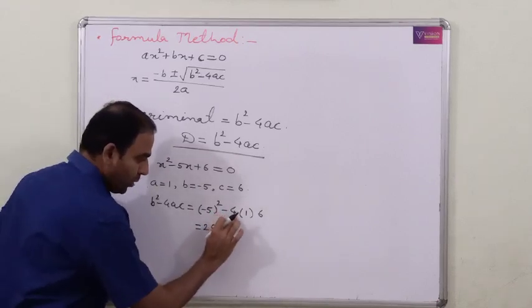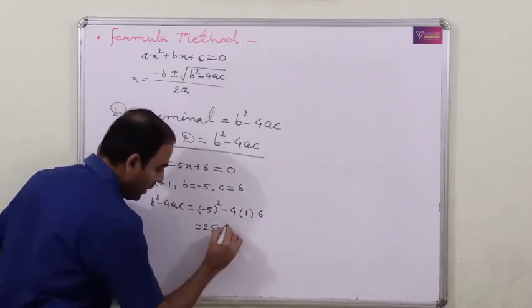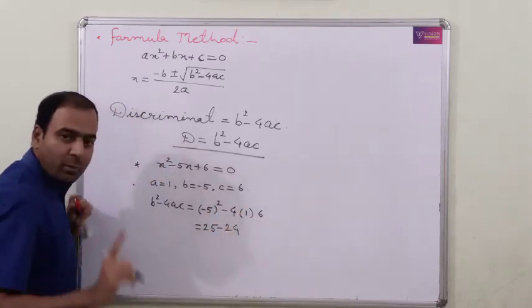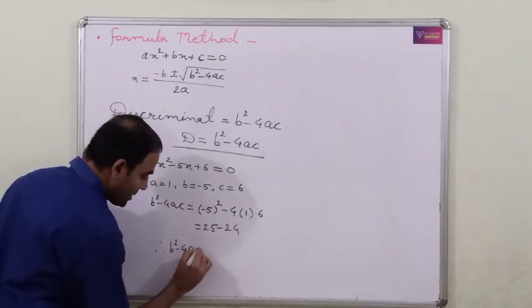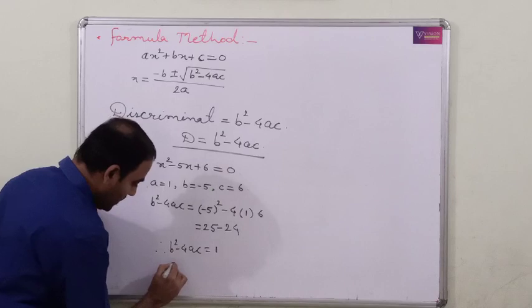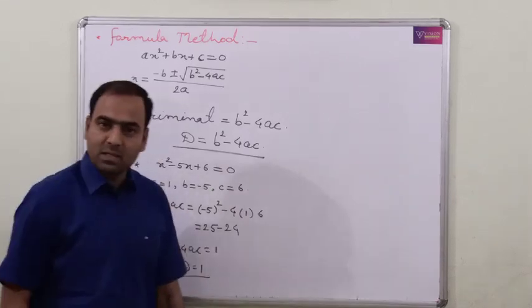Okay, minus 4 into 1 into 6, minus 24. 25 minus 24 is 1. तो इसका मतलब डिस्क्रिमिनेंट b स्क्वायर माइनस 4ac का वैल्यू आ गया 1. हम इसको ऐसा भी लिख सकते हैं D is equal to 1.